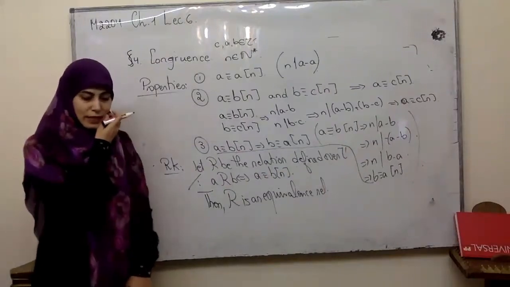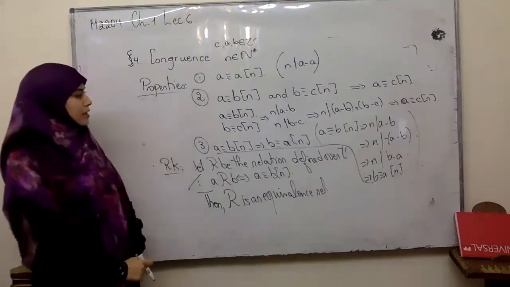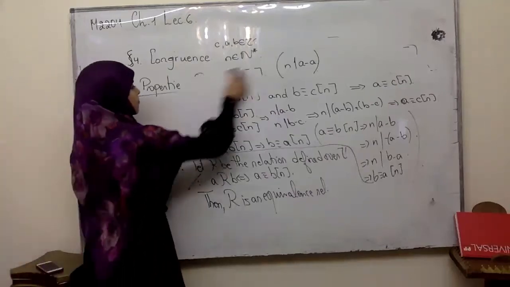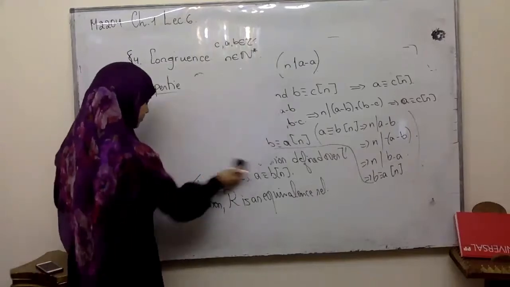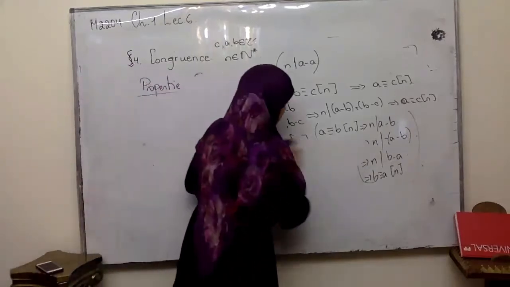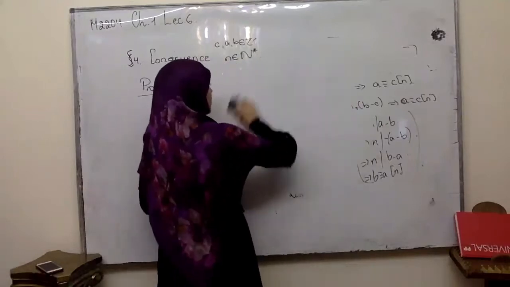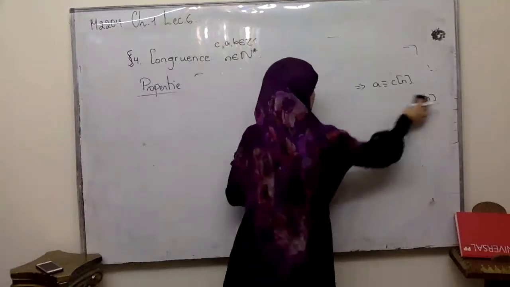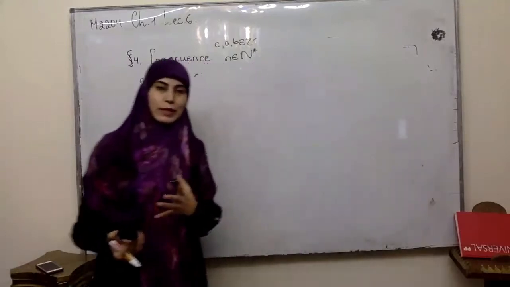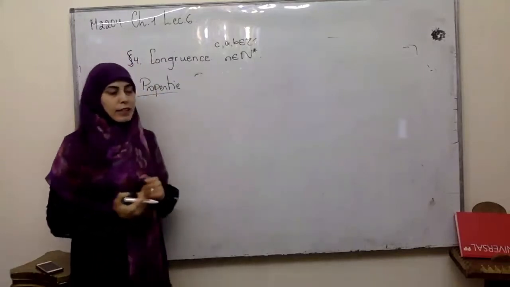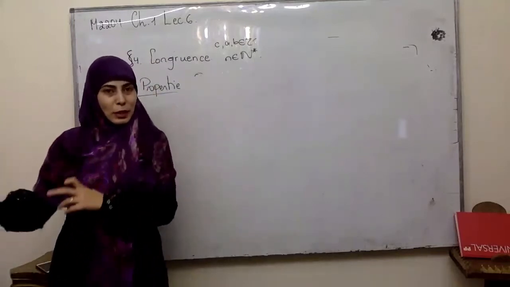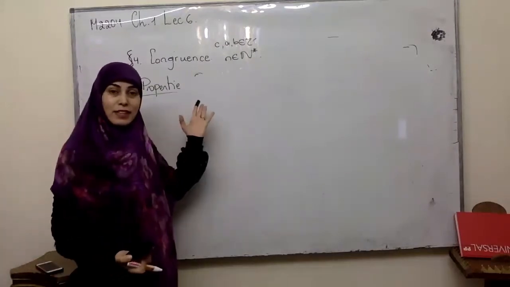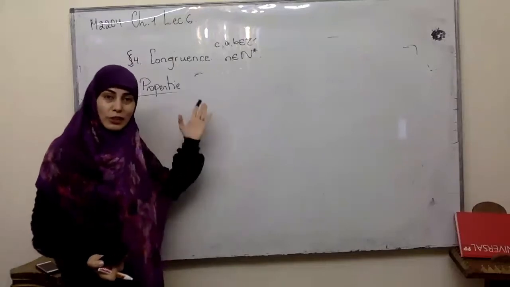What else? We can take properties about the congruence. Let's see. You will tell me that congruence became very close to equality. A is equal to A and we have A is congruent to A modulo N. A equal to B and B equal to C, then by equality we get A is equal to C, and so we get the same property regarding the congruence.